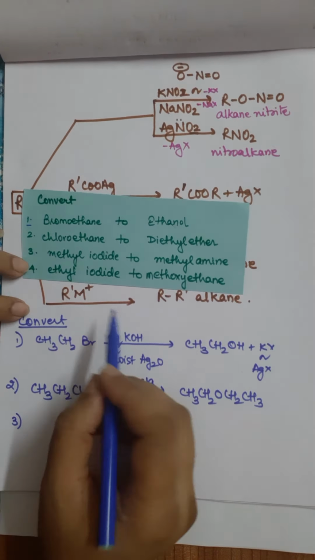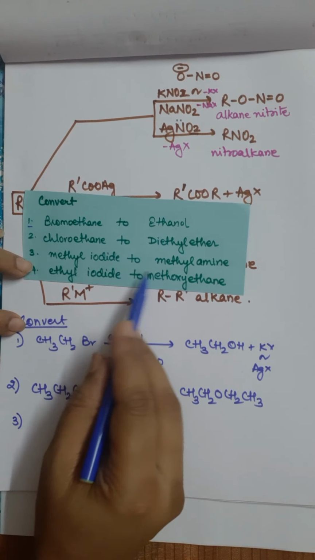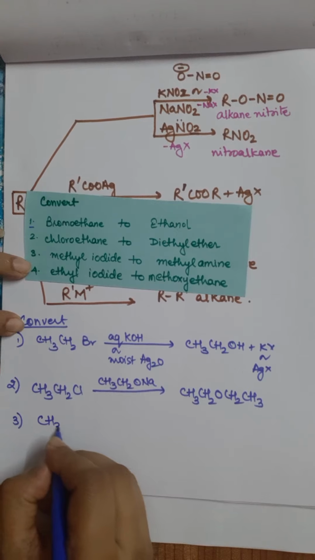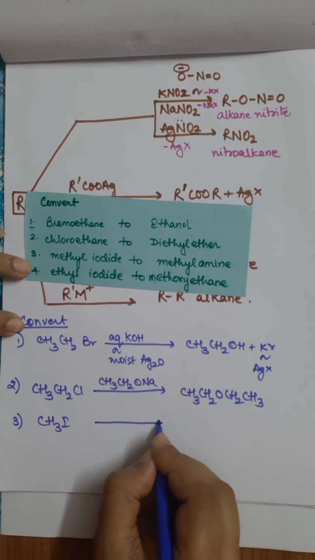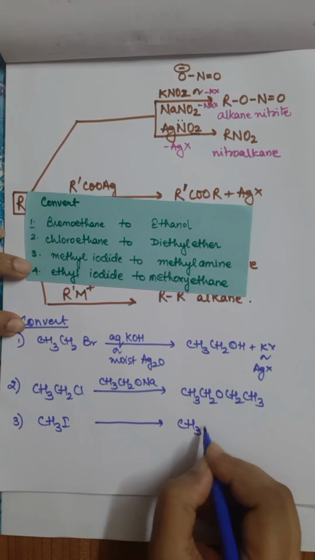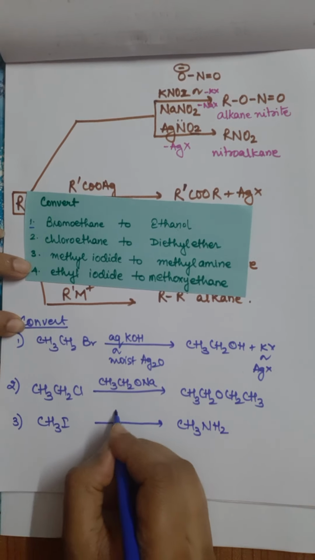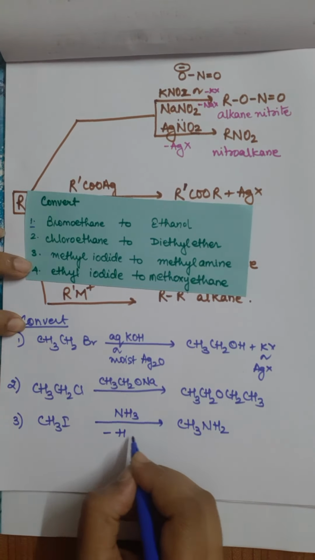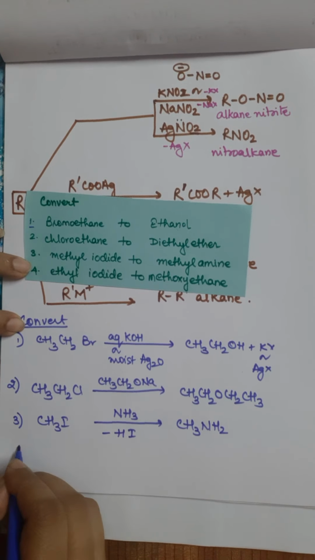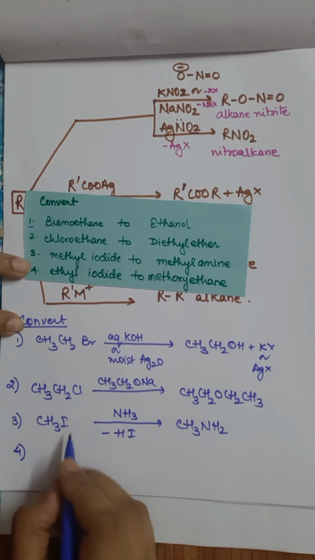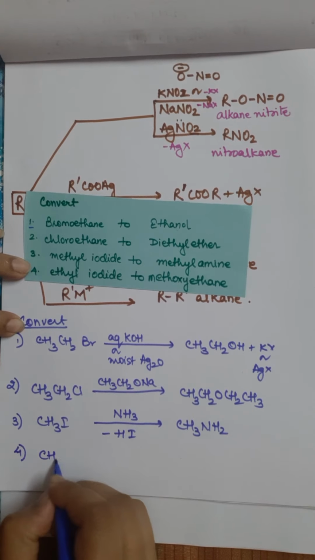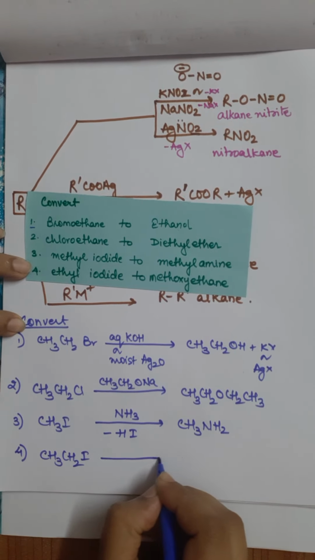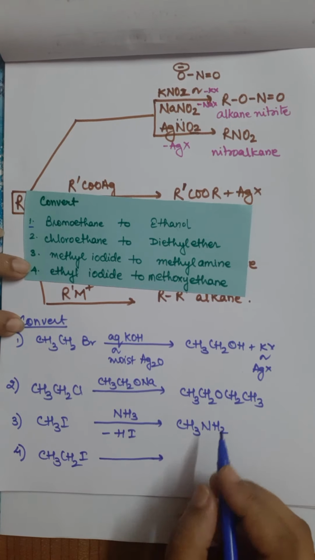Third reaction, methyl iodide to methylamine. So, methyl iodide is CH3I converted to CH3NH2. So, simple reaction, we are going to have NH3 minus it will be HI. Fourth reaction, ethyl iodide CH3CH2I converted to methoxyethane.